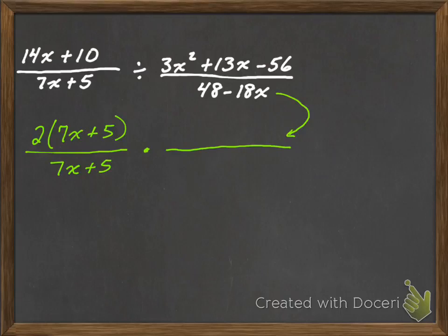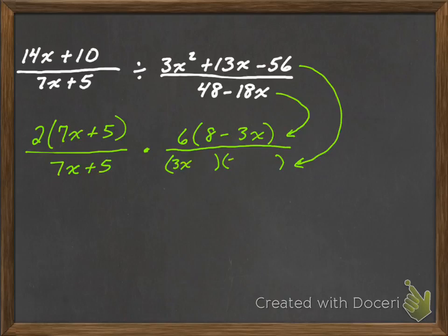So the denominator becomes the numerator, or we can factor out a 6, which leaves us with 8 minus 3x. The numerator becomes the denominator. There is no GCF, so we factor this, and this factors down to 3x, 1x, let's see, 7, 8 plus minus.